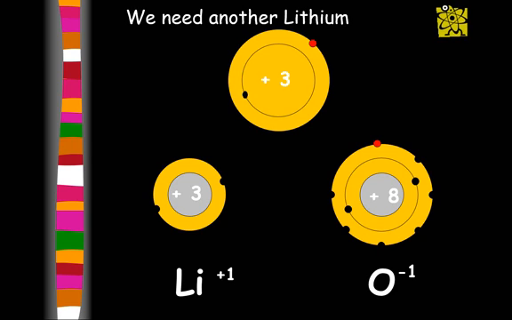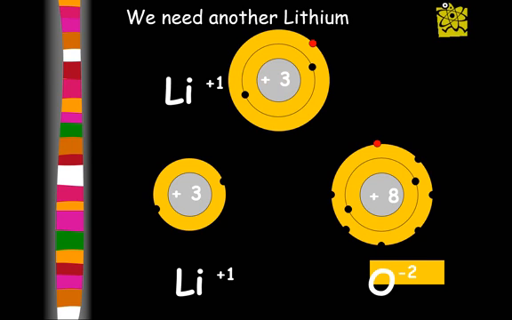You might recall that lithium is +1, but oxygen is -2. So in order for it to be happy, oxygen is not looking for just one electron. It's looking for 2. So lithium's going to have to bring a friend.